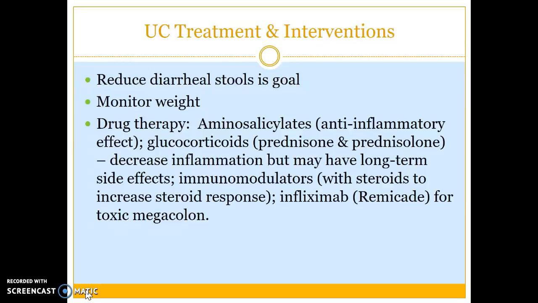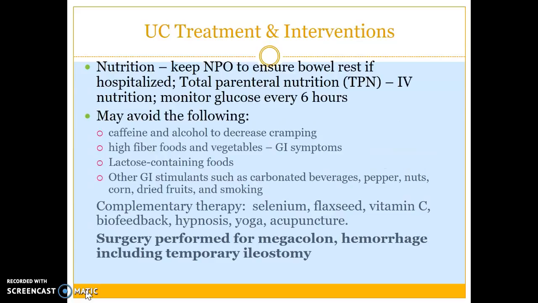And then there is a complication of UC called toxic megacolon, where the colon becomes massively inflamed and enlarged to the point where toxins escape into the body. Remicade is a drug that can be given for that particular complication, along with surgery that we'll talk about. Nutrition for these patients, when they're hospitalized: you want to keep them NPO so that their bowel has time to rest.